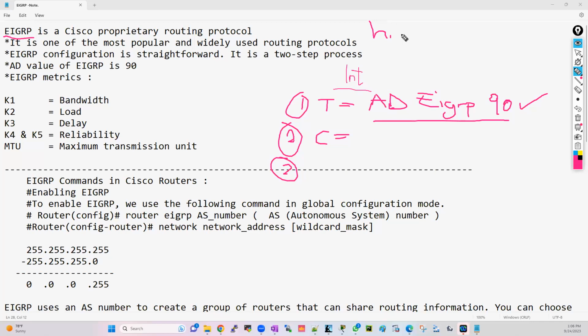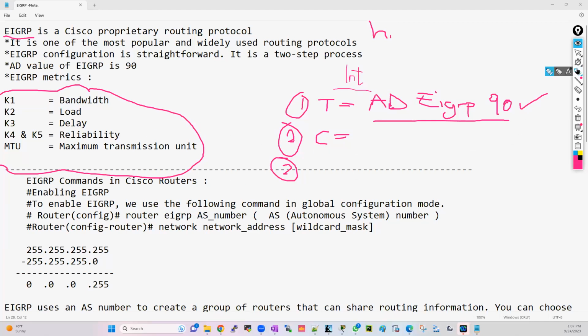Then we say it uses an AD value of 90, and EIGRP uses some metrics like bandwidth, delay, and some other factors to forward packets to the destination. Or it uses some of the metrics that are common to hybrid routing protocols to make forwarding decisions. Even without mentioning all this, when we mention metrics, the interviewer will know that this guy knows about metrics. But when we just say it's 90, it's not enough. So that's where we stop.